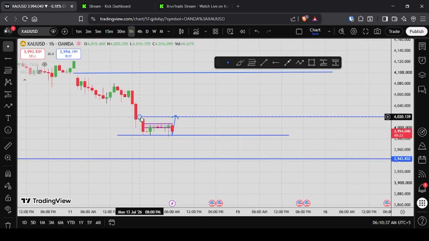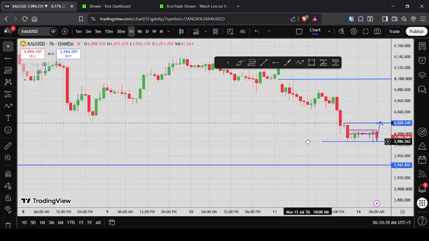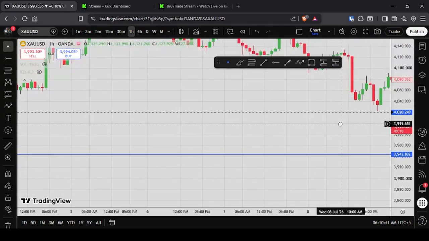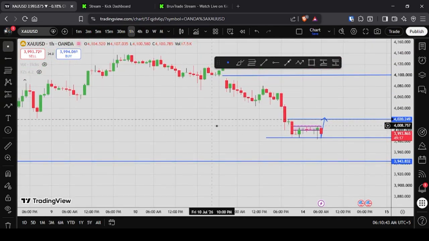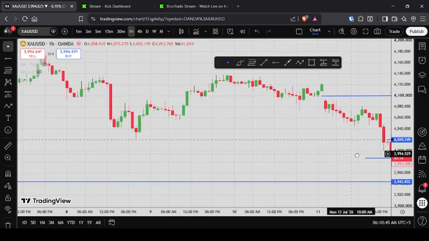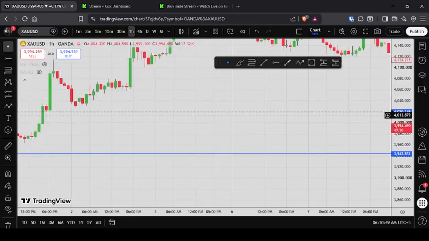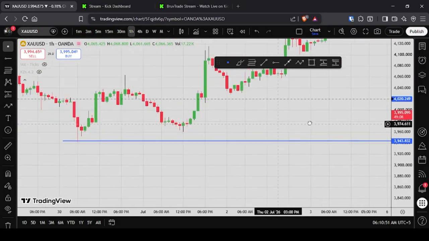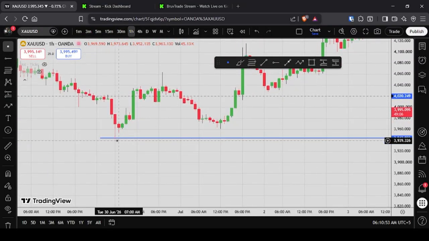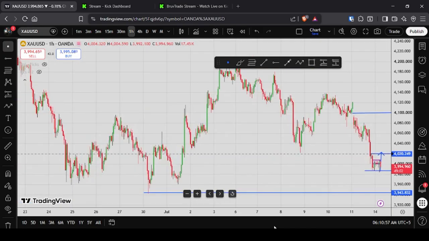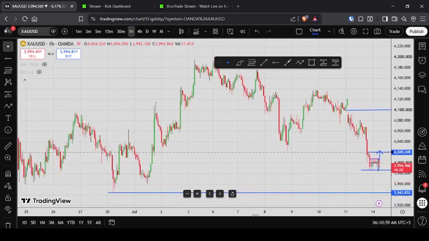The only swing it has is this for the major liquidity to take place. As you can see, it has taken out many liquidity points right here. It has taken out this, but the main problem is that it does not have any liquidity point to take out now.